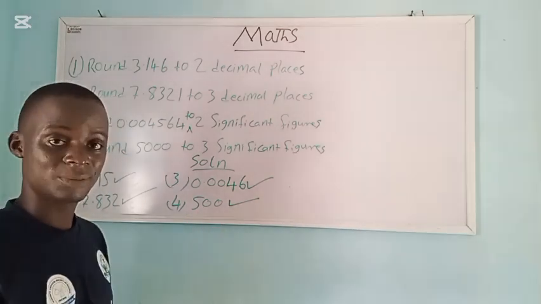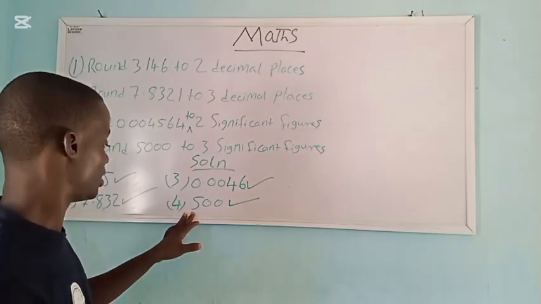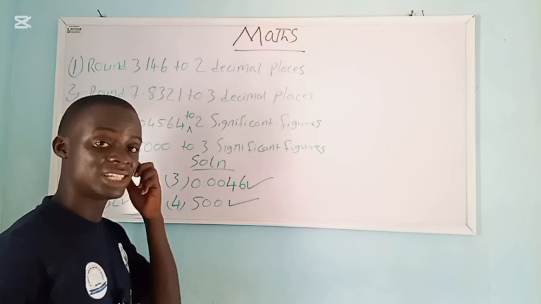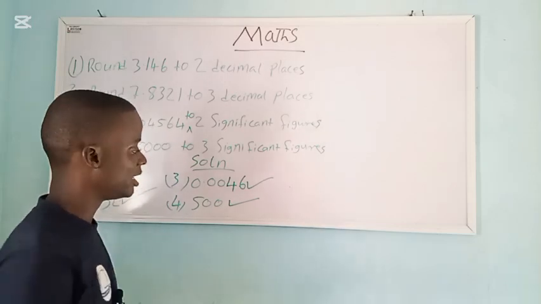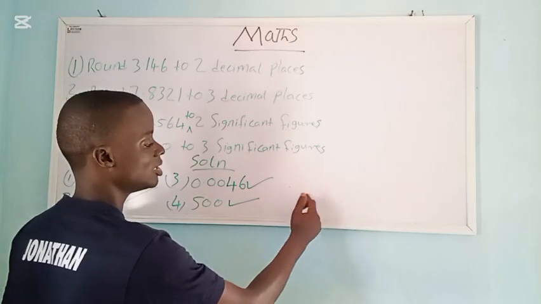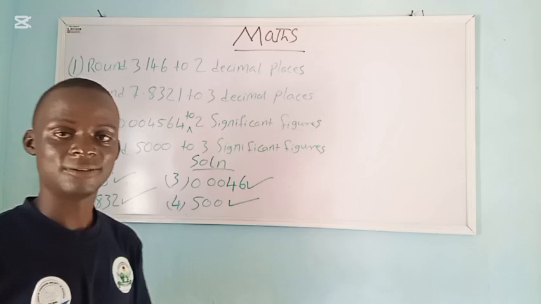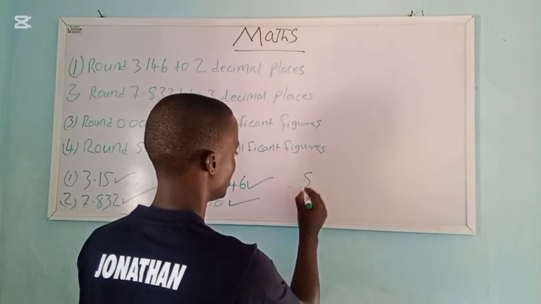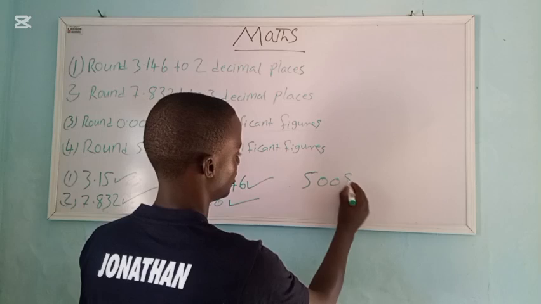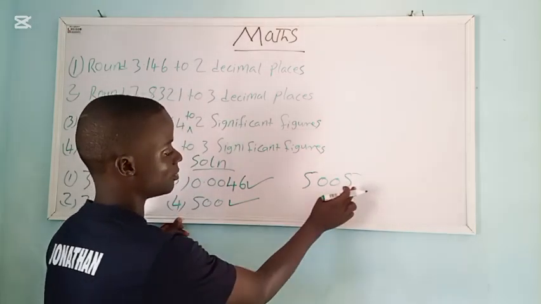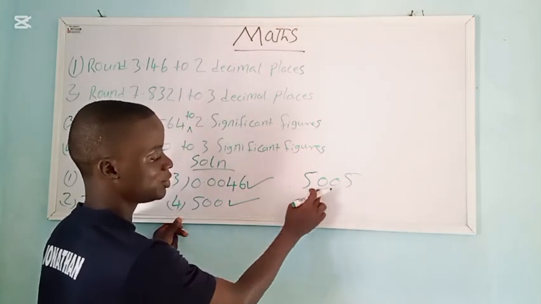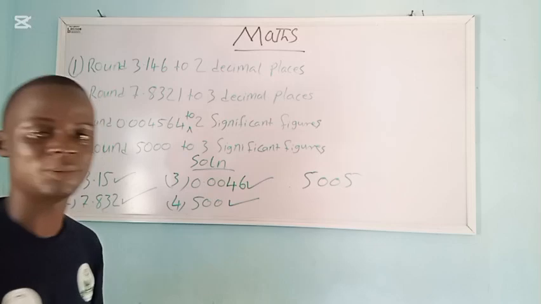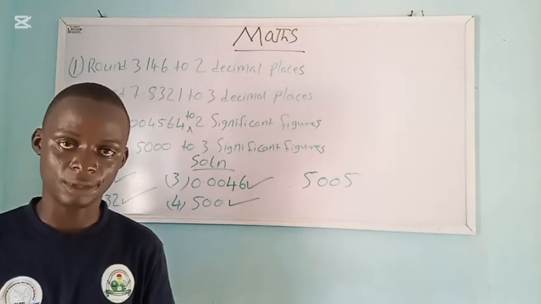Zeros are only significant figures when they are in between non-zeros, like the 5. Since the zero is in between, the zero becomes significant.